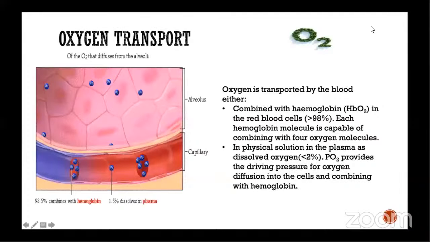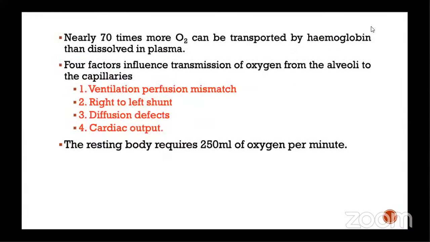Take a look at the diagram. You will notice that it can combine with hemoglobin or it can get dissolved in the plasma of the arterial blood. Nearly 70 times more oxygen can be transported by hemoglobin than dissolved in plasma.